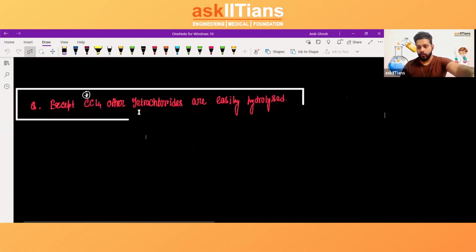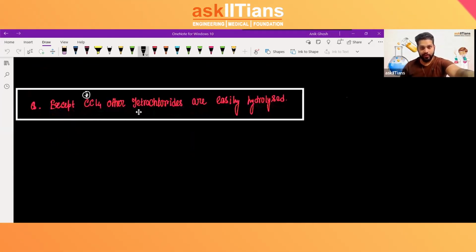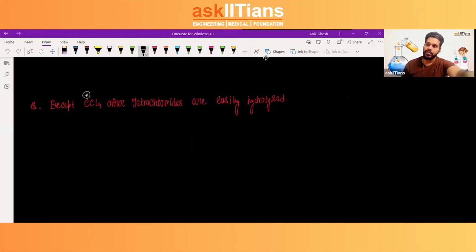Except CCl4, all the other tetrahalides are easily hydrolyzed. About hydrolysis, guys, let's just go back in time a little bit. In organic chemistry, we have learned that hydrolysis is an SN1 process, right? Where the lone pair of oxygen of the water molecule attacks, correct? So if you remember that the lone pair of water is the attacking agent, that means definitely it's a weak agent, correct?